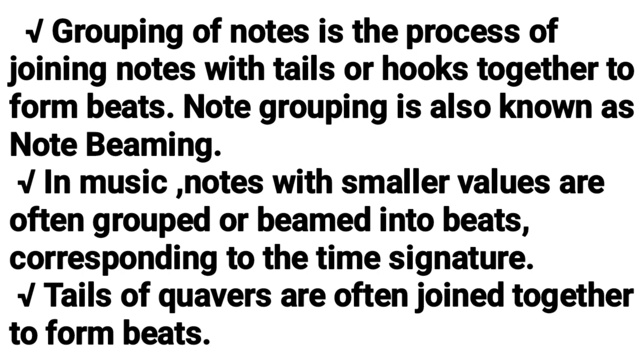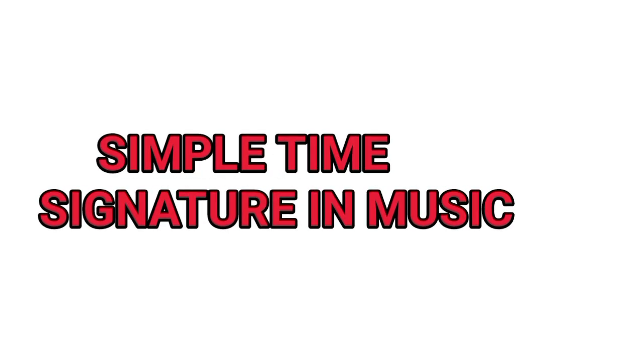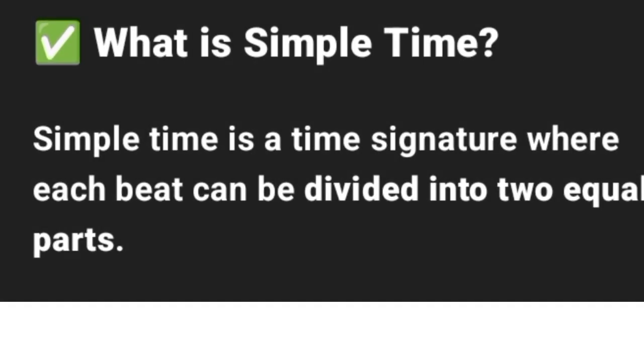So let me take you through this area of simple time because we'll be using simple time. So, what is simple time in music? It is a time signature where each beat can be divided into two equal parts.